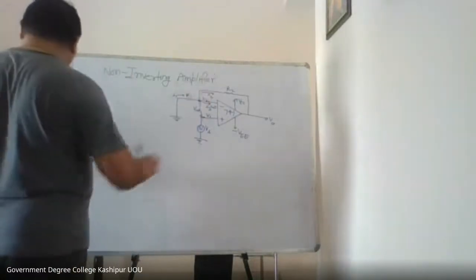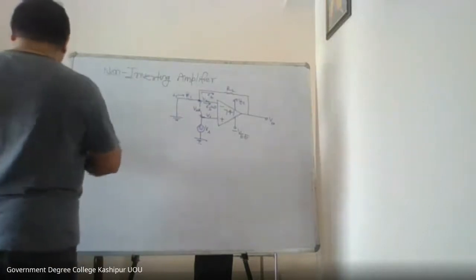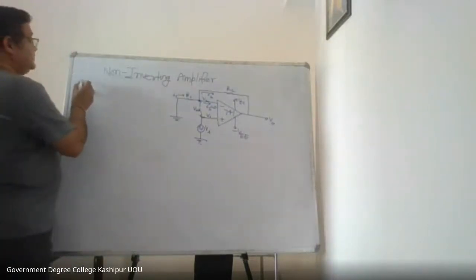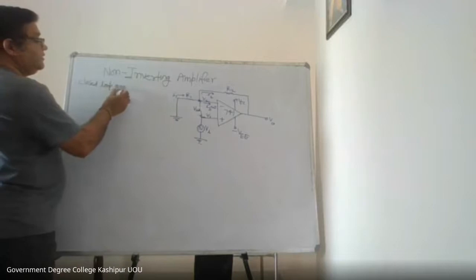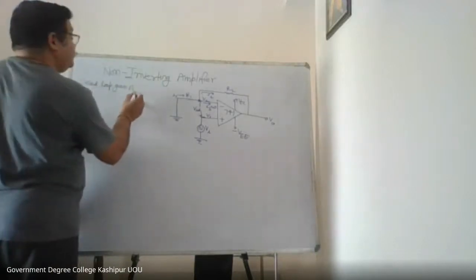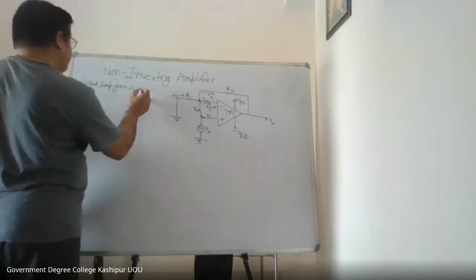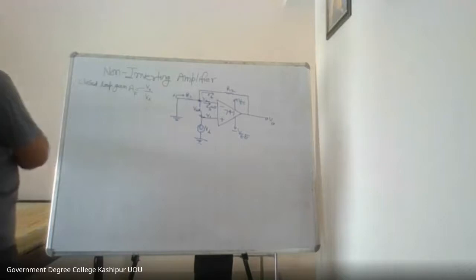This is the circuit diagram of closed loop non-inverting amplifier. Now, what will be the closed loop gain of this amplifier? Closed loop gain AF equal to VO upon VI, output upon input.